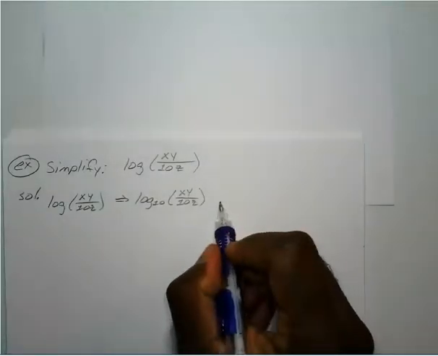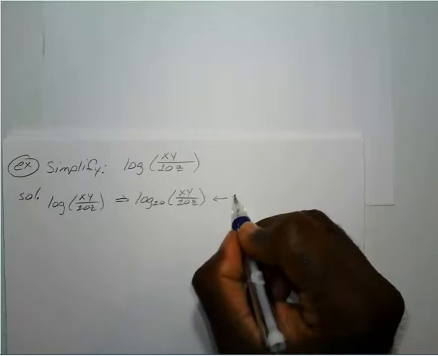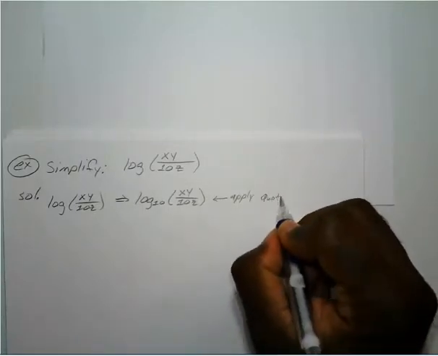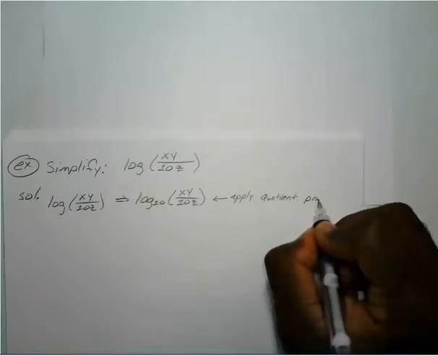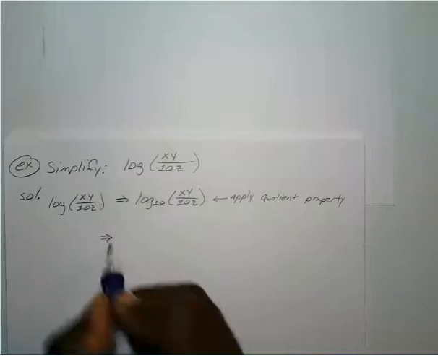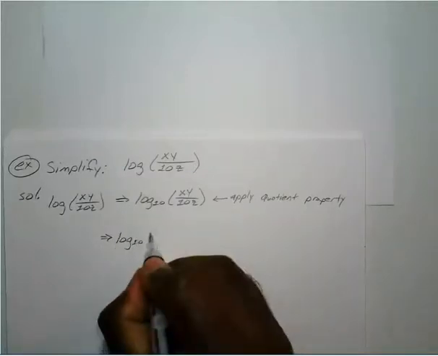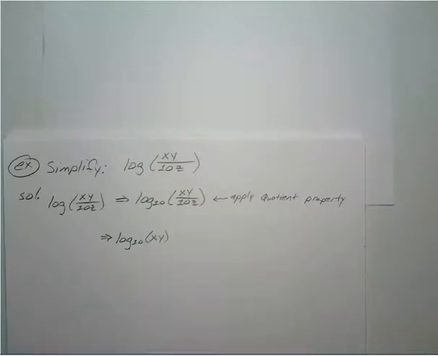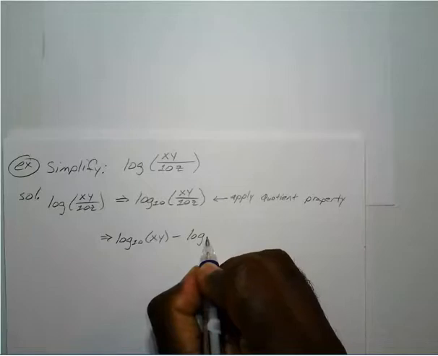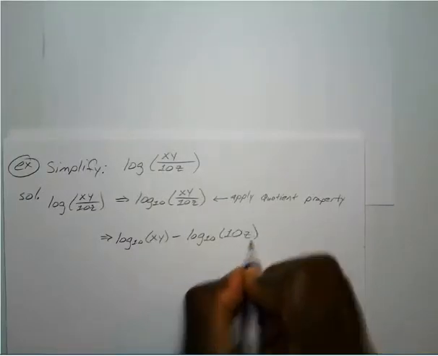Now, first thing we're going to do here is apply the quotient property. So that becomes log base 10 of your numerator, which is x times y, minus log base 10 of your denominator, which is 10z.